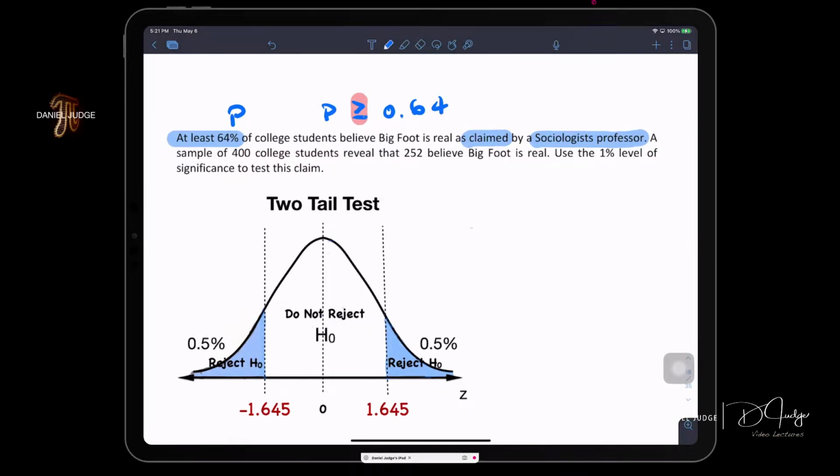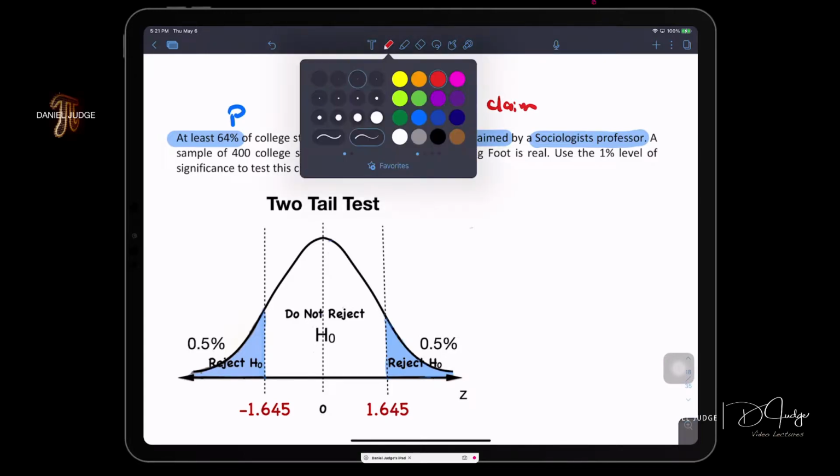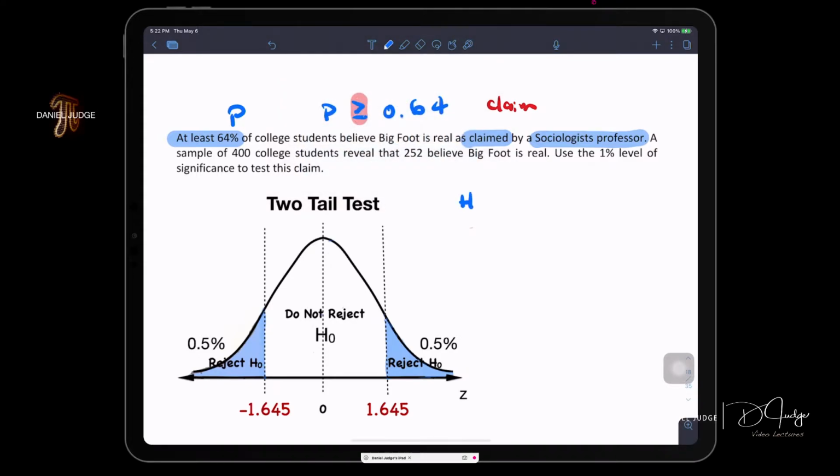Now, this again is the claim by some sociologist professor. So that's the claim. The first question I'm going to ask people on a test is, what's the claim? The claim is that the proportion here is greater than or equal to 64%. Remember, this claim here is a null hypothesis.